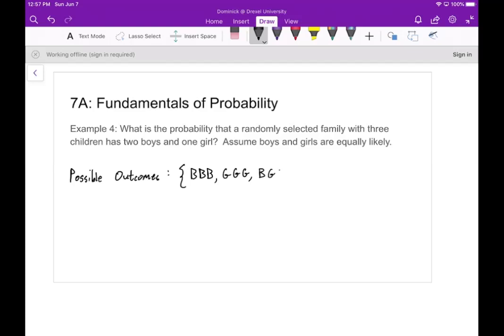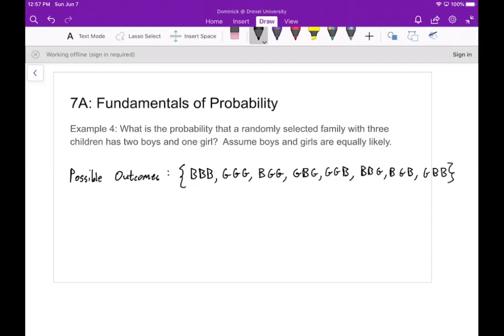We could have a boy and then 2 girls. We'd have a girl, then a boy, then a girl. Or we could also have 2 girls and a boy. Now all the scenarios with 2 boys, we could have a boy and then another boy and then a girl. We could have a boy, a girl, and a boy. And we could also have a girl and then 2 boys.